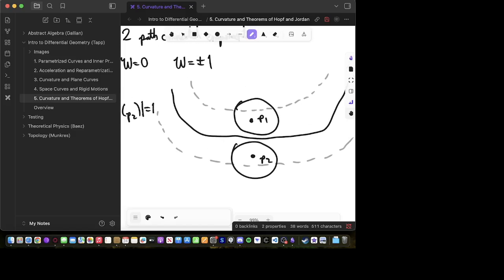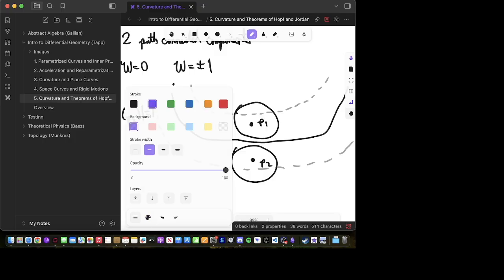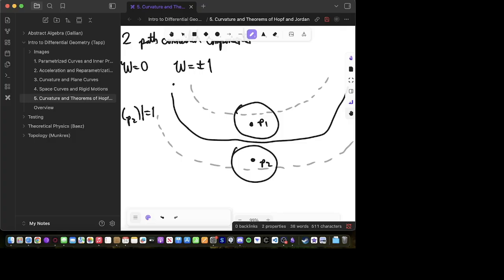What we're doing is, suppose that P1 is in the interior, and suppose we start over here, at gamma of A, and this is gamma of C. So we begin traveling through the curve. The arrows are pointing in the direction of the point, and we end up here. So we did that.